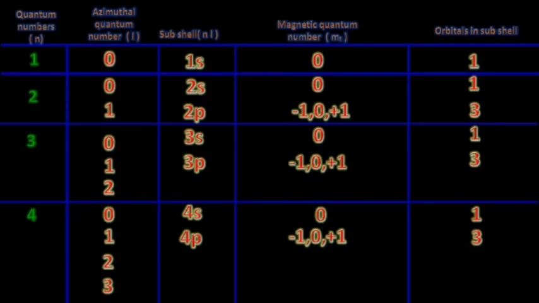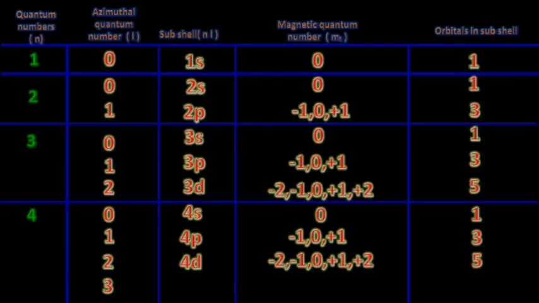the p subshell with 3 orientations has 3 orbitals and can occupy 6 electrons. And whereas coming to L equal to 2, the d subshell shows 5 orientations, that is minus 2, minus 1, 0, plus 1, plus 2, so 5 orbitals in the subshell, and can occupy 10 electrons.